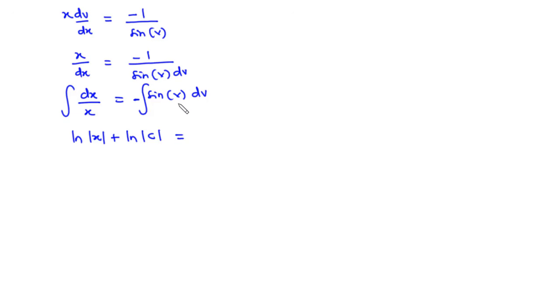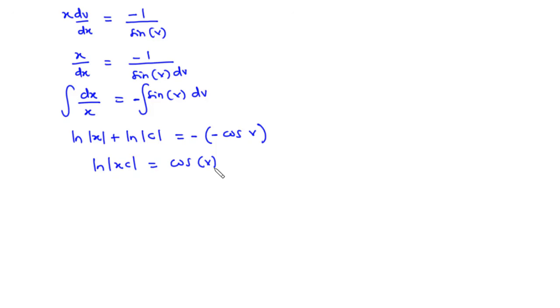Now, when you integrate sine v with respect to v, you are going to obtain negative cos v. Okay, so this is this negative, and then when you integrate sine v with respect to v, you have negative cos v. On the left hand side, we have ln of absolute value of xc equals, this becomes cos v.